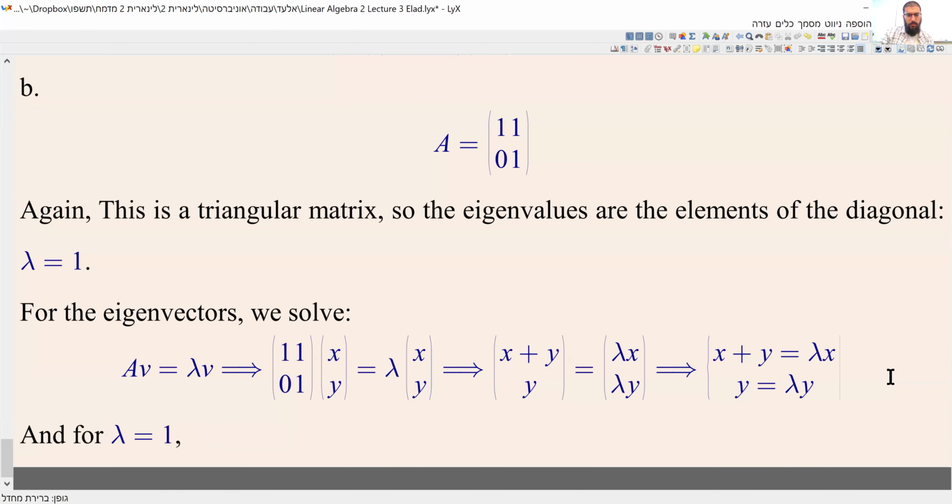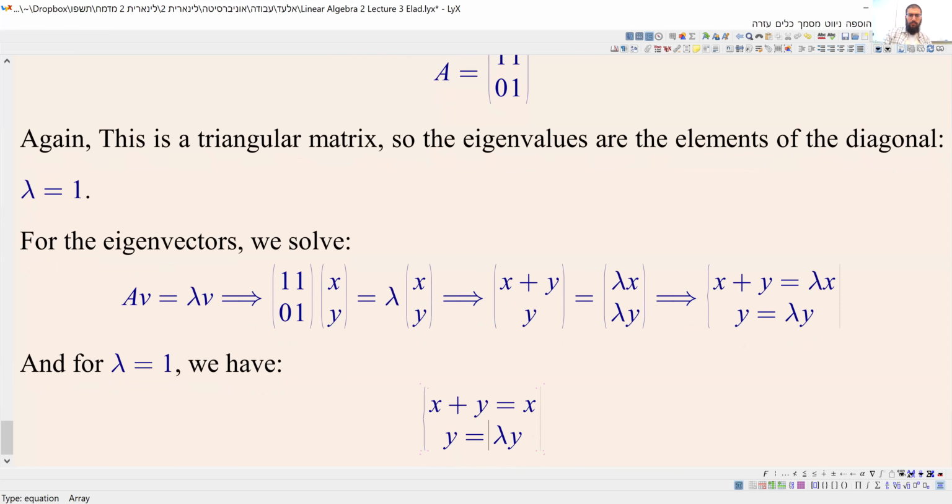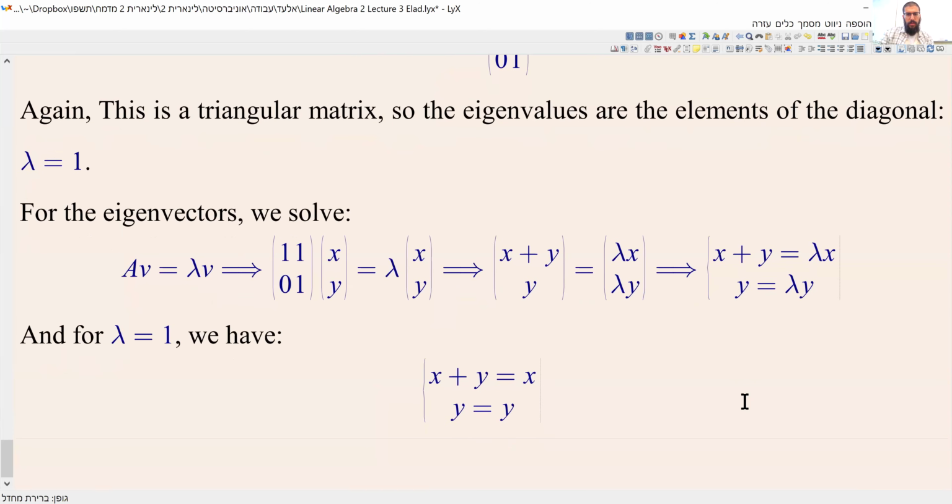For lambda equal to 1, we have x plus y equals x, y equals y. From the first equation, we have y is 0.